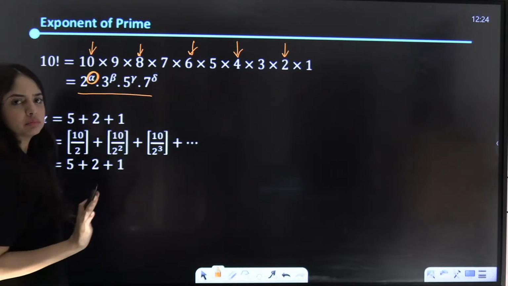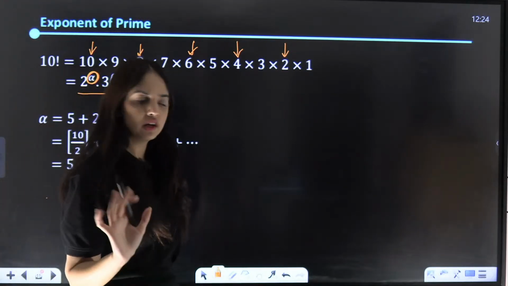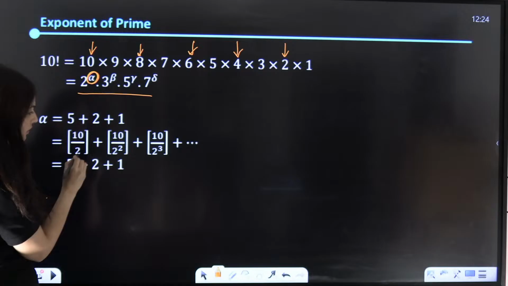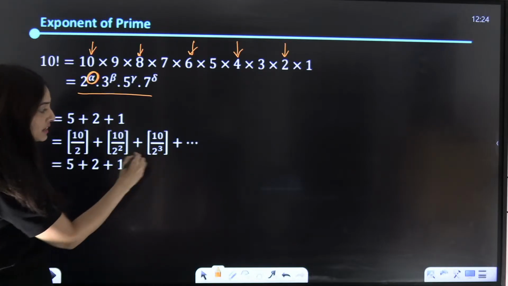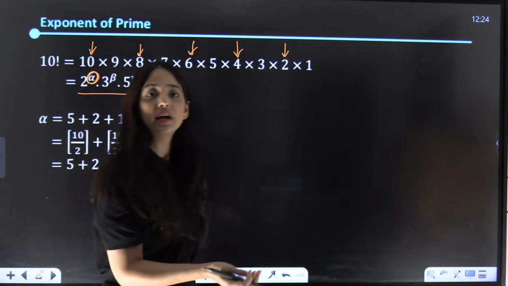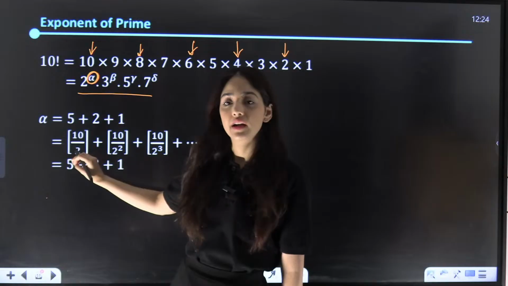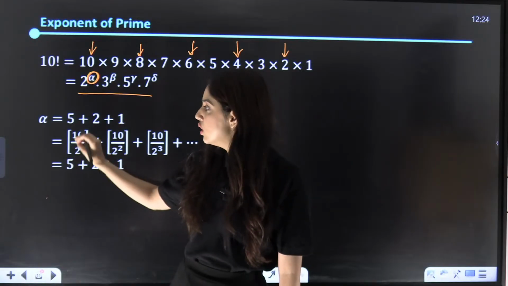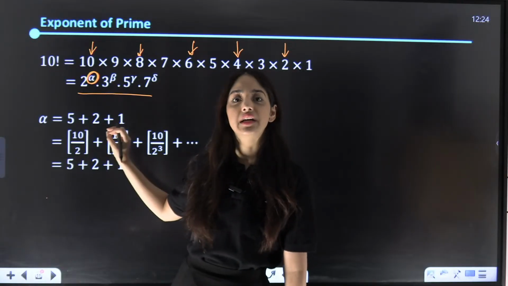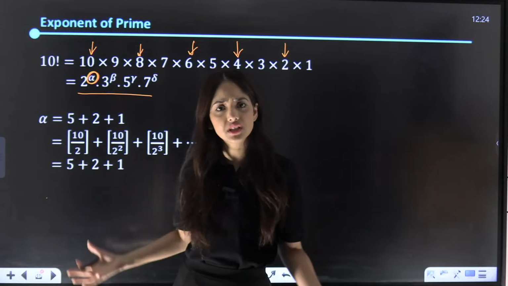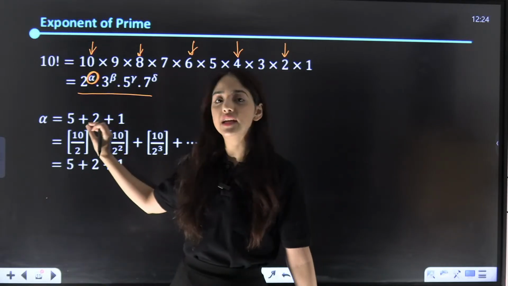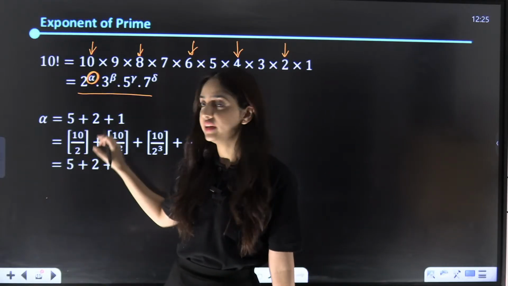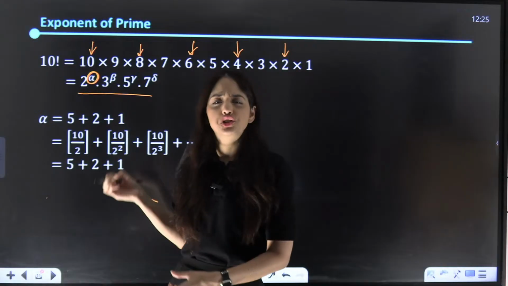Every even number is giving one 2. So, we will write, but I hope you know what this symbol is. This is greatest integer. This means if we are writing 10 by 2, greatest integer, that means the largest integer that is either equal to this quantity between the brackets or just smaller.